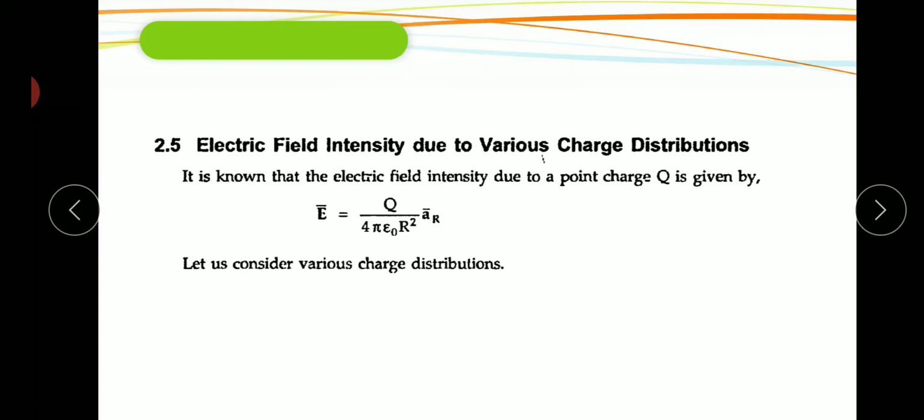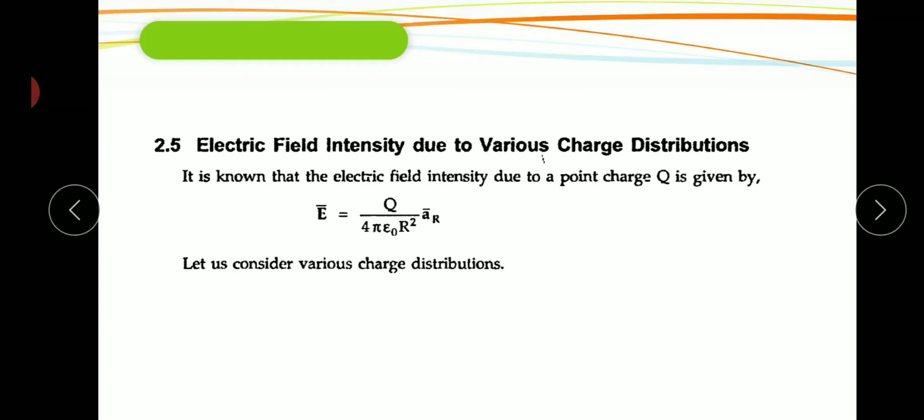Charge distributions are of four types: point charge distribution, line charge distribution, surface charge distribution, and volume charge distribution.